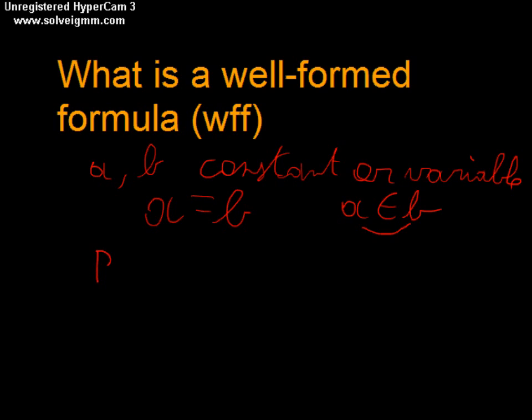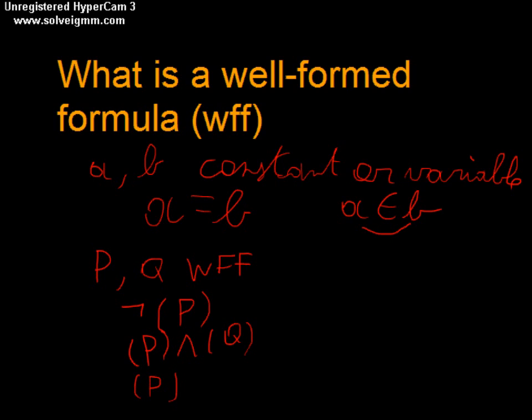Now, assume that P and Q are well-formed formulas. Then we can construct the following. Not P, and we add brackets, is a well-formed formula. P and Q is a well-formed formula. P or Q is a well-formed formula.